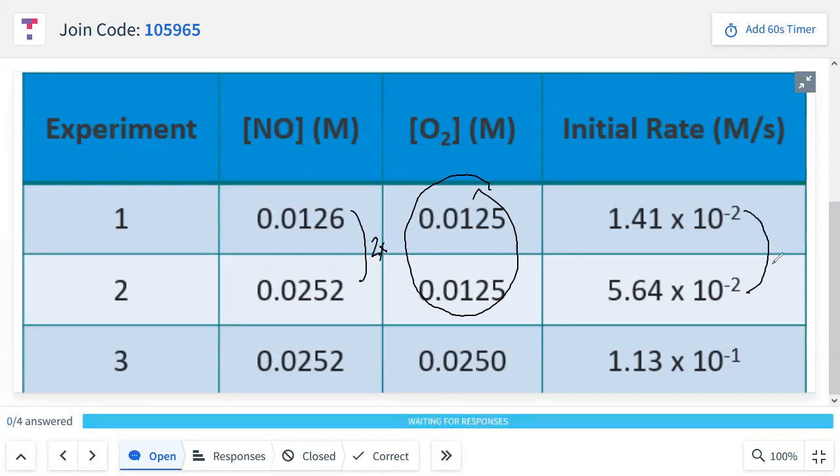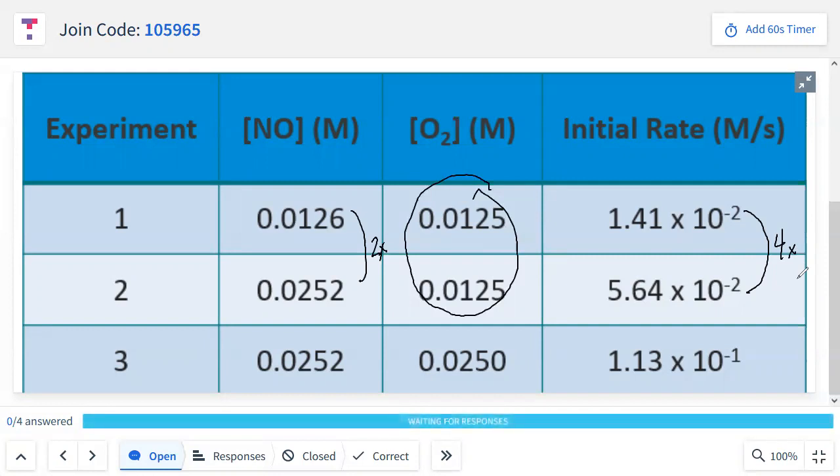And if it wasn't apparent to you, you could have divided 5.64 by 1.41. You would have got the same 4x there, as if you would have just rationalized your way through it.